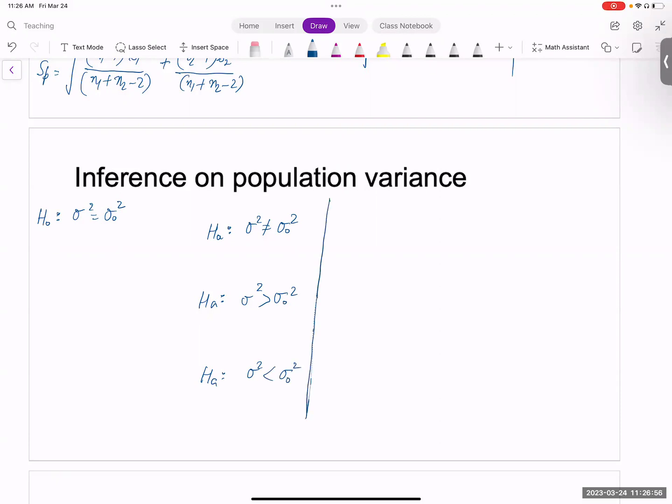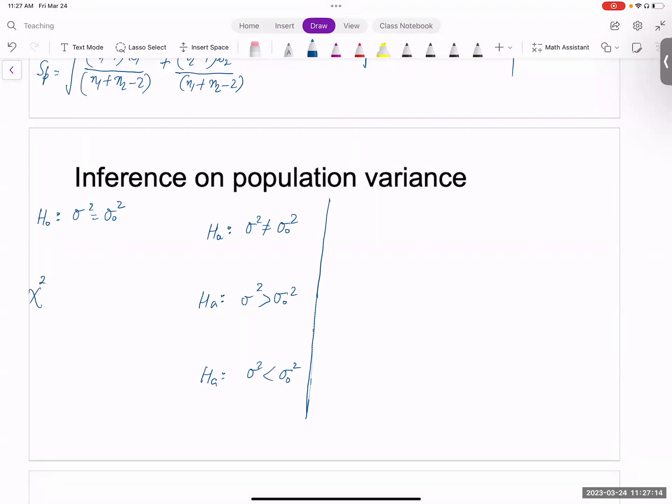Let's look at the test statistic, and then we'll look at the p-values. Okay, the rejection regions are a little bit complicated in this case, so I decided I'll probably skip the rejection region. I'll just give you the p-value because that's easy to compute.